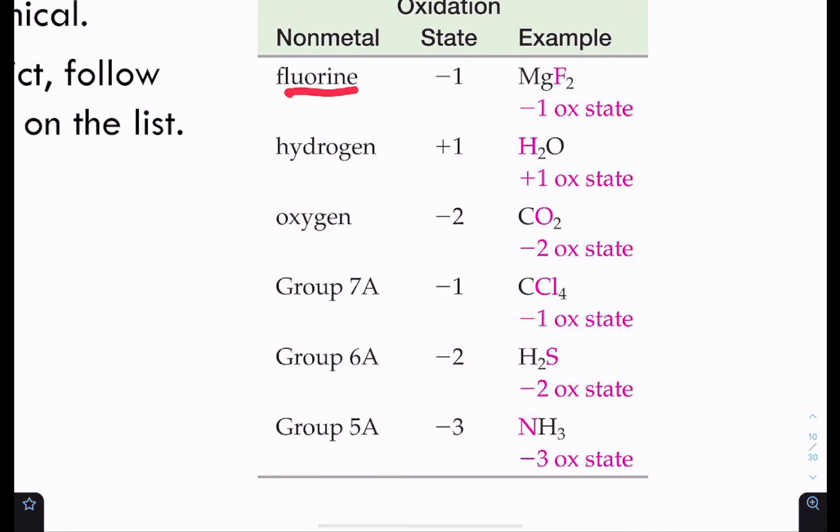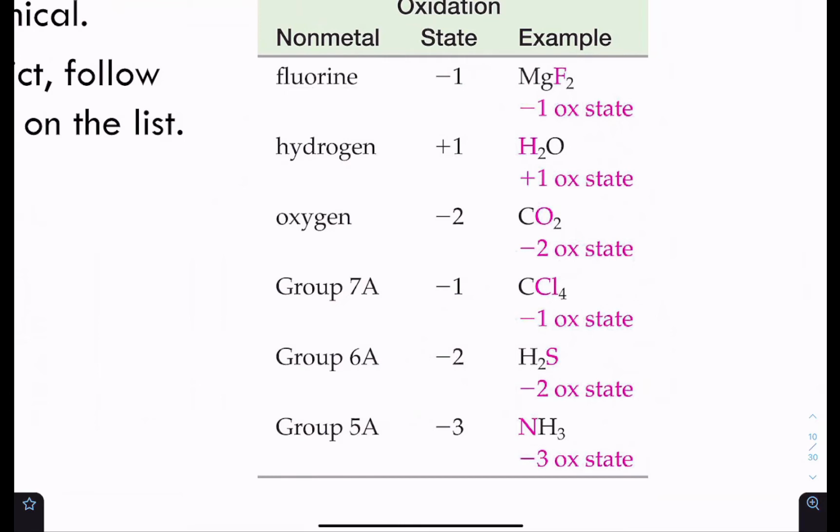Fluorine is always going to be -1, unless it's by itself without a charge written. Hydrogen is always going to be +1, oxygen -2. Then the rest of group 7, where fluorine is, so chlorine, bromine, iodine, are all going to be -1. 6A is -2, and 5A is -3 oxidation state.